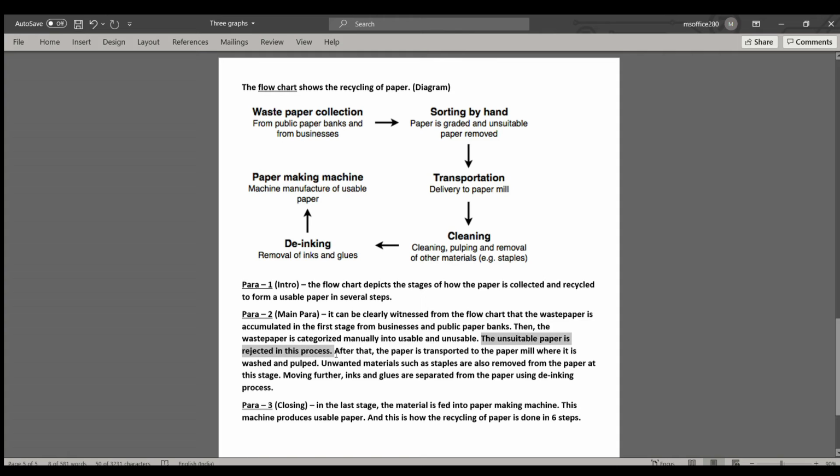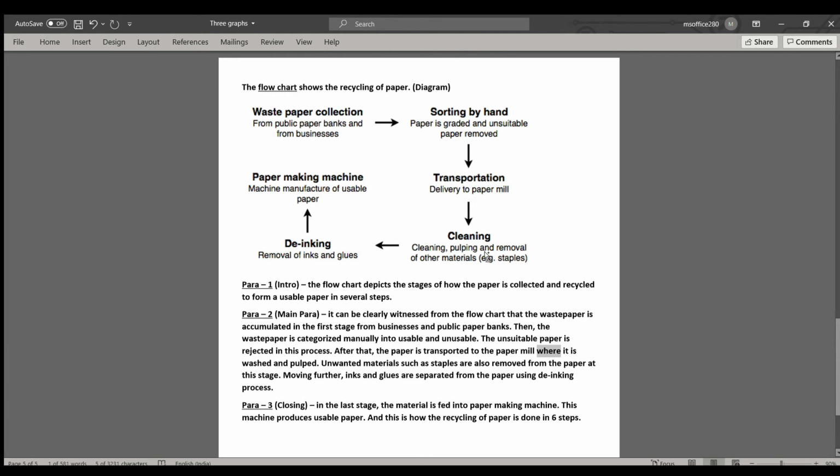Then coming on to the next stage, I've started like this: after that. So after that, what is happening? Transportation, delivery to paper mill. So in place of delivery, I've used this word. The paper is transported to the paper mill, where now I've used a connector to connect these two stages, because the paper is going to the paper mill, where it will be cleaned and pulped.